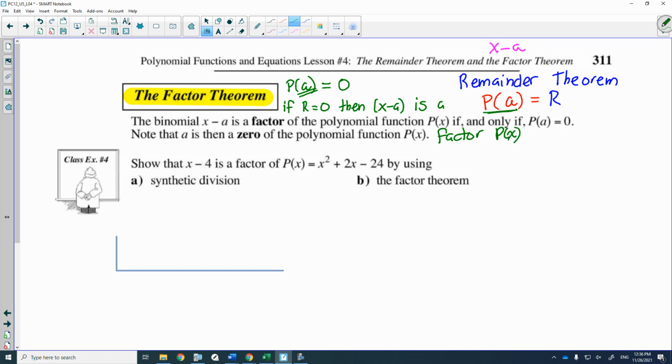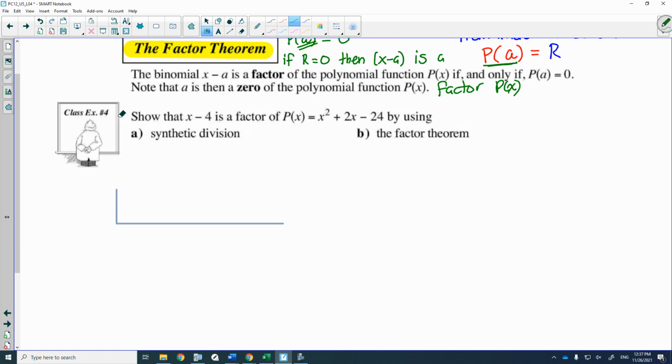Why do we want to figure out what the factors are? The factors are the x-intercepts of the graph, and eventually we're going to be graphing this. We need to know all of the x-intercepts. So we want to know the factors of our polynomial, and to do that, we are looking for remainders of 0.